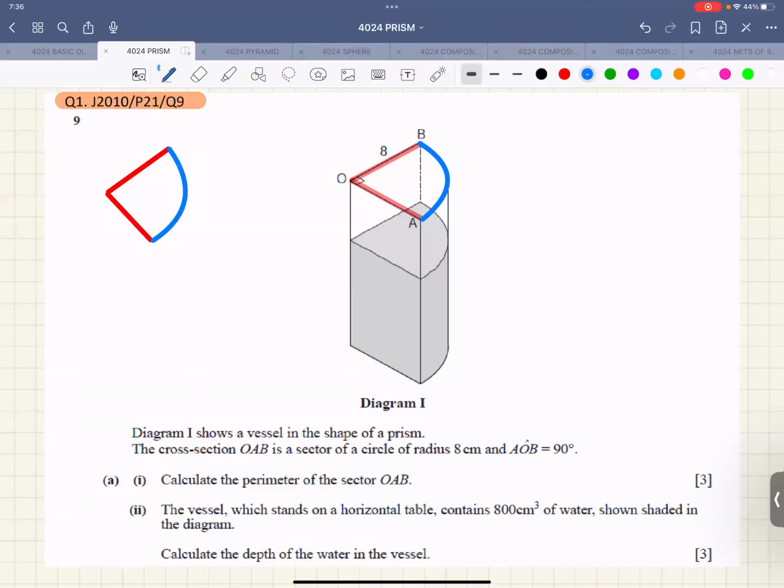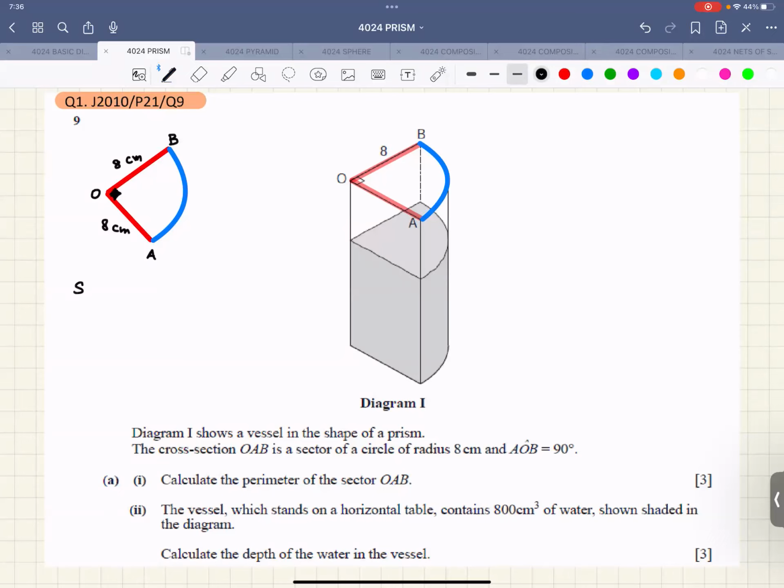Just to give you that idea, this is O and this is A, this is B, this is 90, this is 8 centimeter, this is 8 centimeter, this 90 is already drawn.